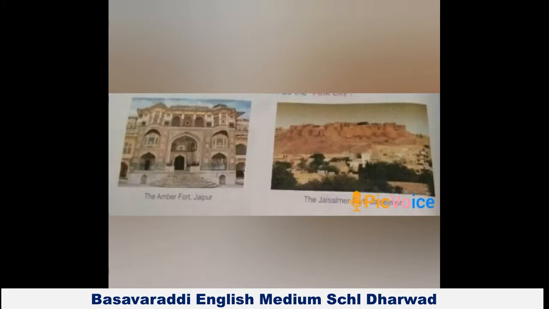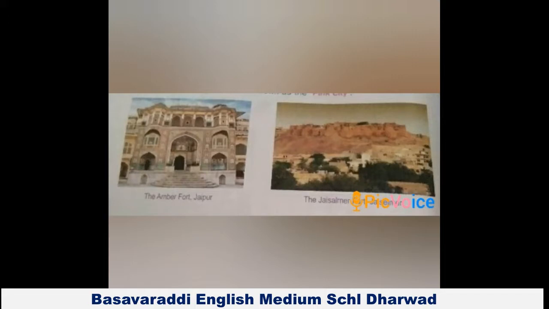Places of tourist interest. As we know, Rajasthan is known for its buildings and forts. One more major attraction for the tourist is a luxurious train, the Palace on Wheels, that covers all the important places of Rajasthan in a week.